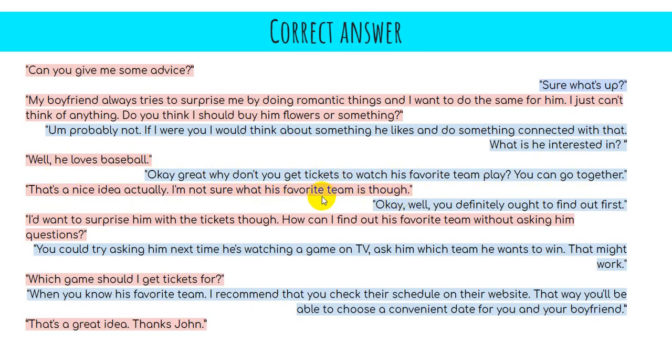Okay, in here, the first speaker comes with the problem again. So, this is what I mean by if you find two problems in the dialogue, you have to consider the coherence of the dialogue.